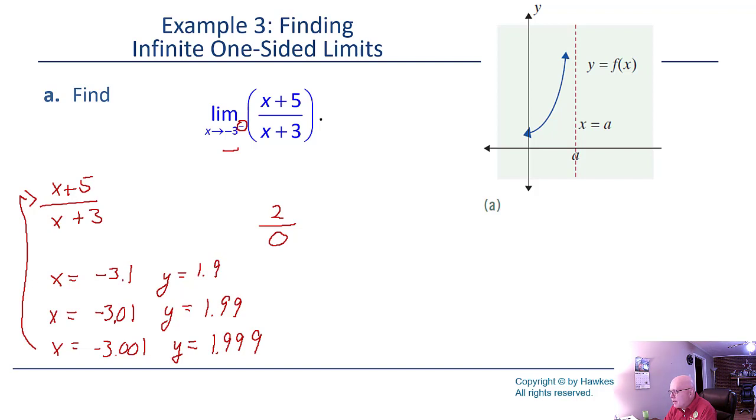Can you see what's happening? As it gets closer to this -3, this rational expression has y approaching what? It's approaching a 2.